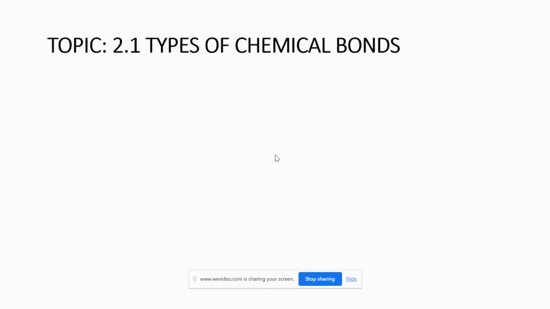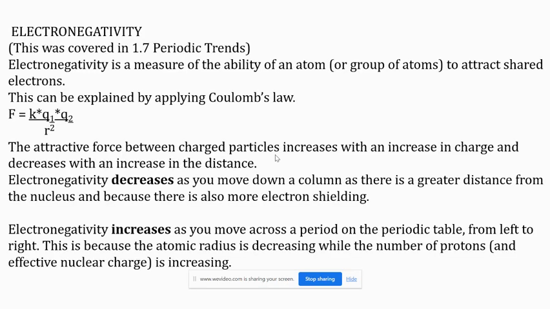We talk about ionic and covalent, and then we have different types of metallic alloys that we will also cover in this section. So remember we talked about electronegativity when we were talking about periodic trends in our last chapter. And we said that electronegativity measured the ability of the atom to attract shared electrons.